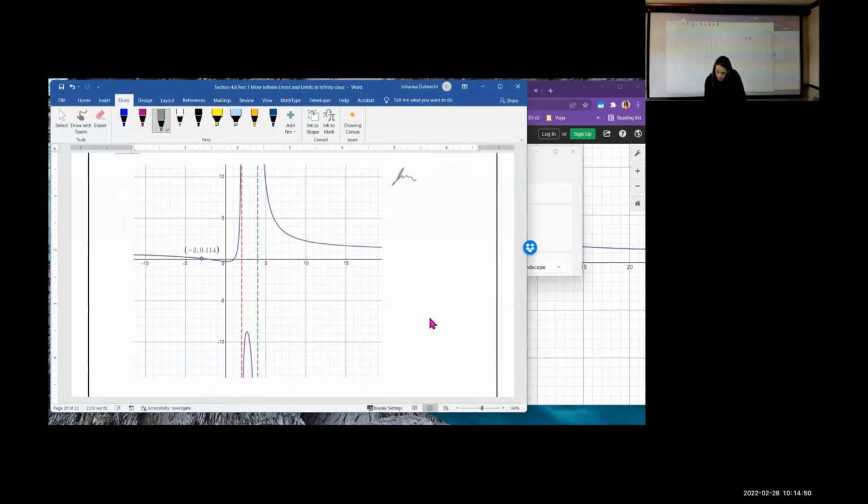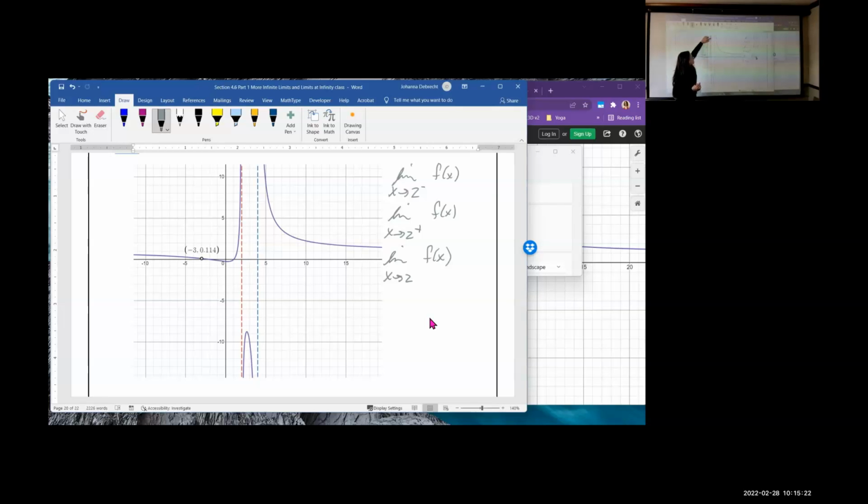What do you think is happening as x approaches 2 from the left of the function? The limit as x approaches 2 from the right of the function, and the limit as just x approaches 2, the two-sided limit. So let's do that part first. So let's focus on the vertical asymptote at 2. And let's look at what happens as I approach from the left side of 2.